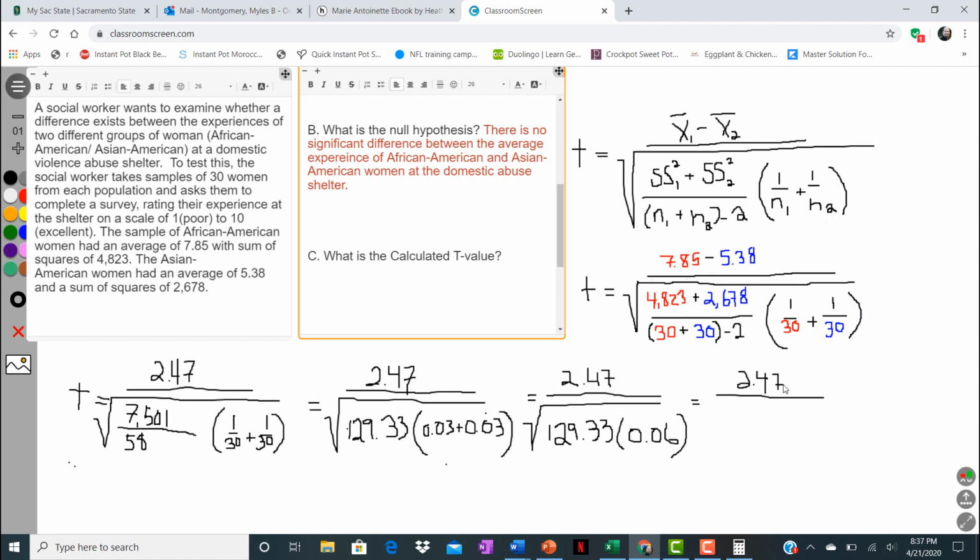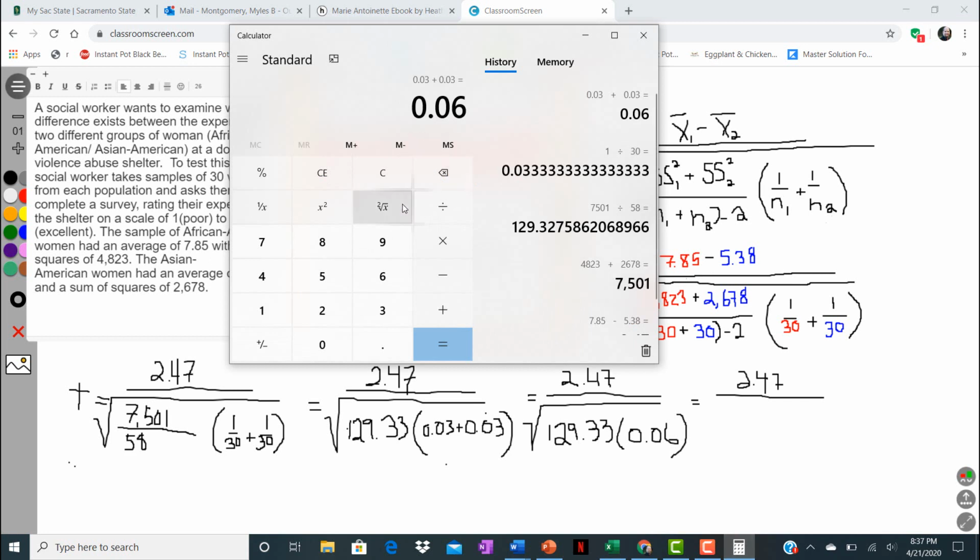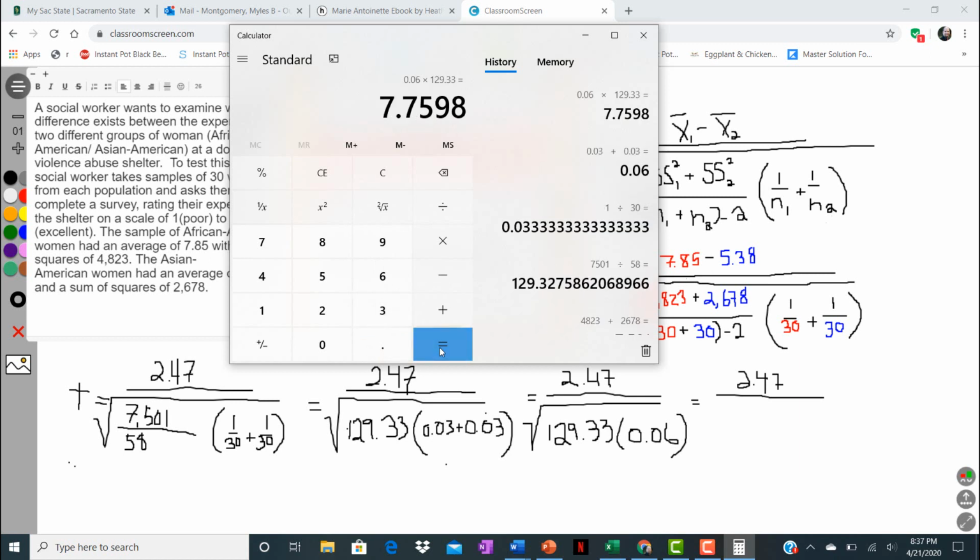This is a whole different way of doing math. Okay, let's just go ahead and do this, you guys. 0.06 times 129.33. It's going to be 7.759.